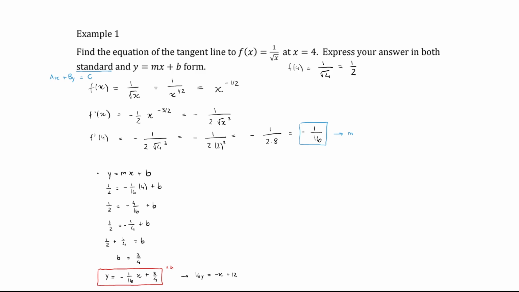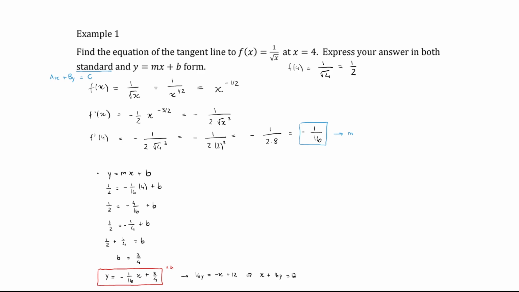And now the last step is simply to rewrite it so that we have x and y on the left-hand side and the constant on the right-hand side. So rewriting is going to give us x plus 16y is equal to 12.